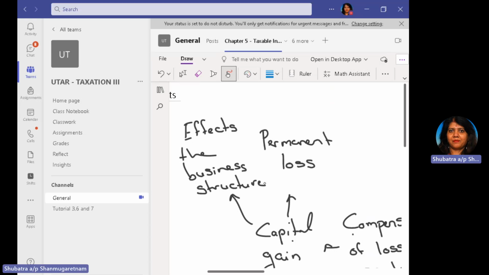For example, if I'm running a restaurant, I cannot open my business because I've got nowhere to serve my food. Correct or not? So this puts a closure on my business structure itself. I can't move forward. If I lose my inventory, I can buy it tomorrow.